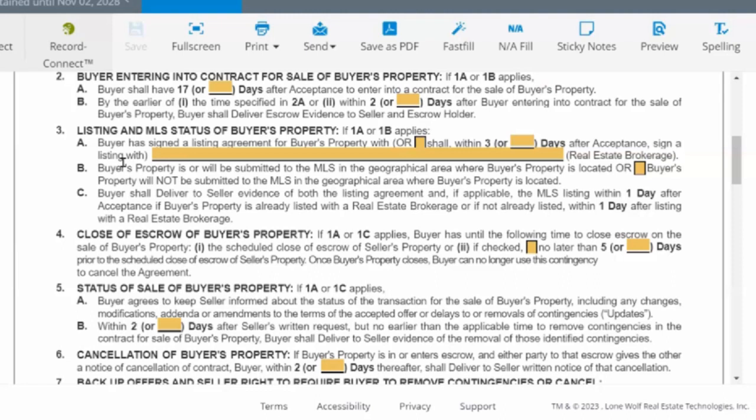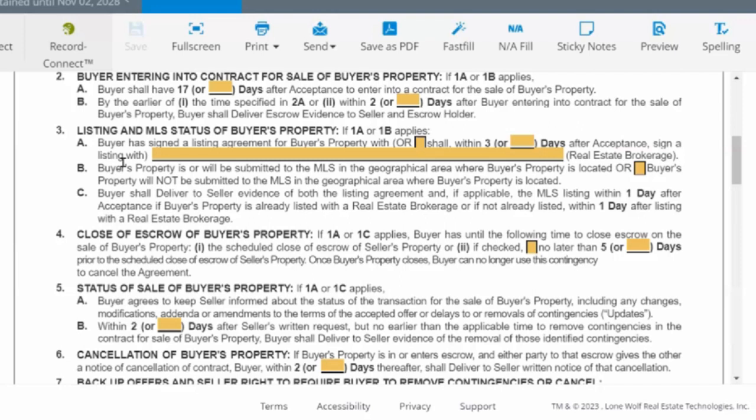Now, the reason that we want the buyer to have already signed the listing agreement, and ideally already have it on the market, is because if you're going to go under contract with someone that's going to sell their house, you want to know if they're being realistic about it or not, right? So are they pricing their home competitively? Are they overpricing their home?